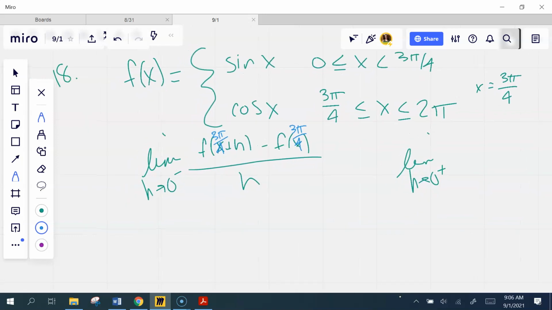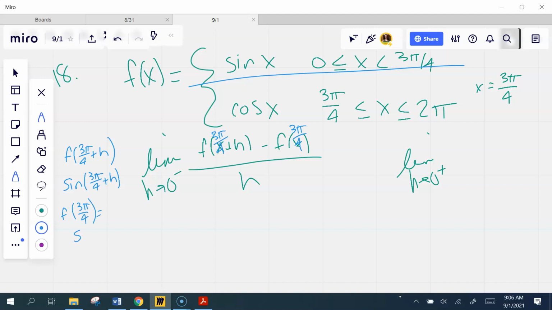So over here on the left side, f of 3 pi over 4 plus h is the sine. What's the sine of 3 pi over 4? Square root 2 over 2.